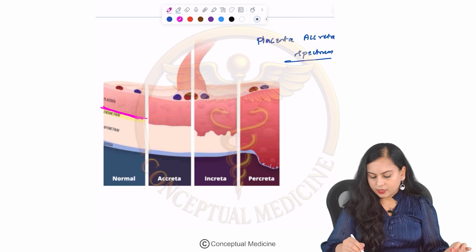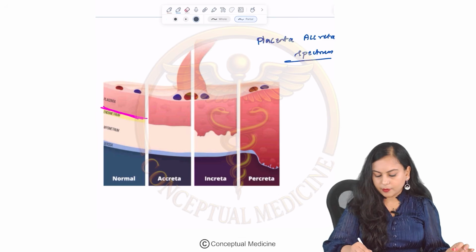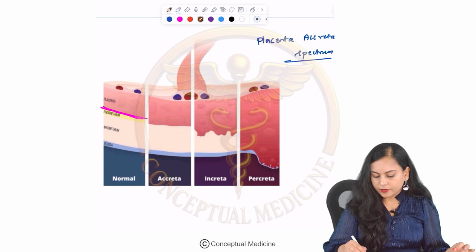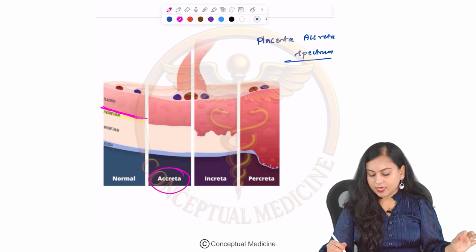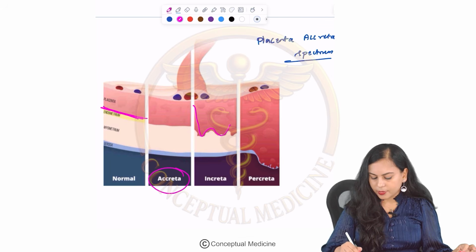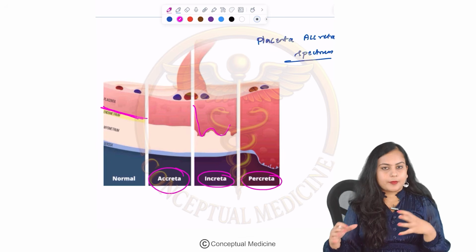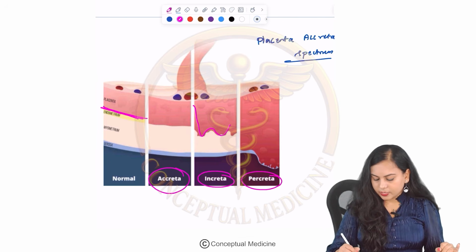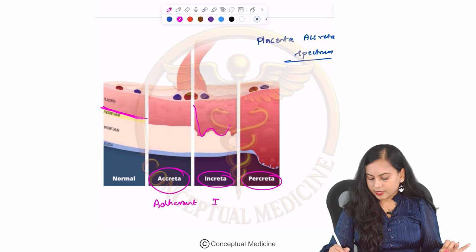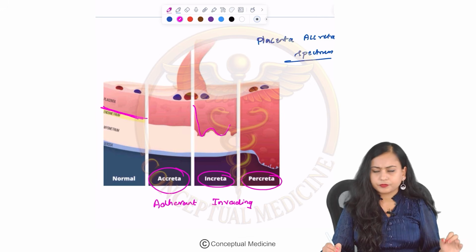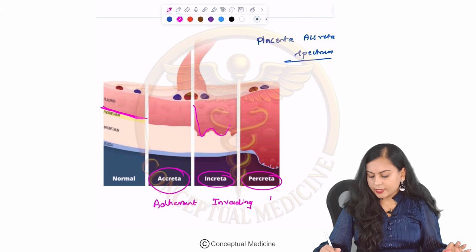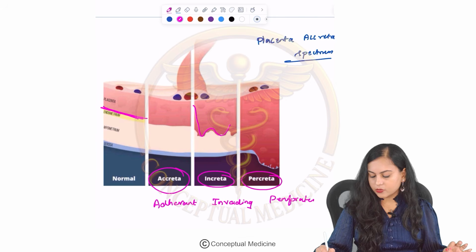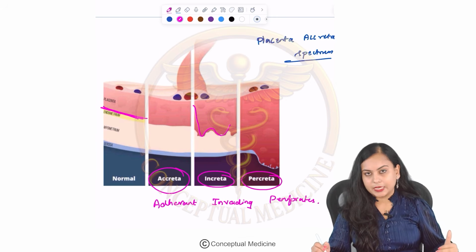But if there is adhesion between the placenta and the endometrial layer, or if the placenta is invading itself into the myometrial layer, or the placenta is invading into the serosa layer, they are given separate names and together it is called as placenta accreta spectrum. Okay, so when it is only adherent, it becomes placenta accreta. When it is invading through the myometrium, it becomes placenta increta. When it perforates the serosa and comes out, it is placenta percreta. Clear? Right.